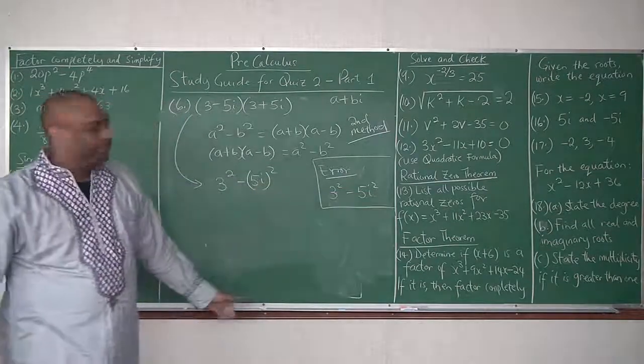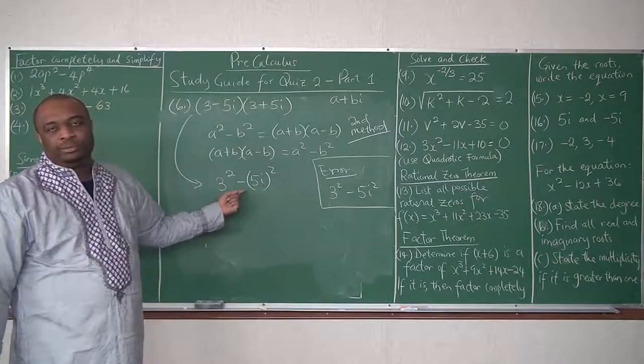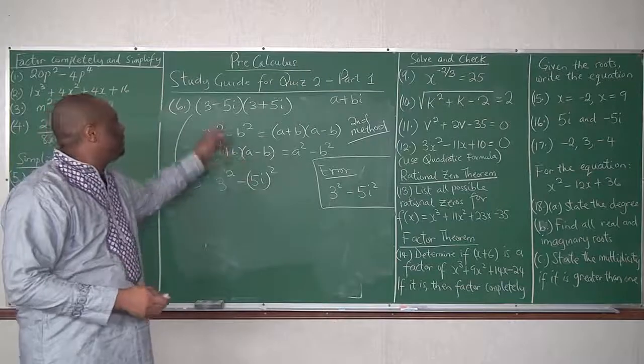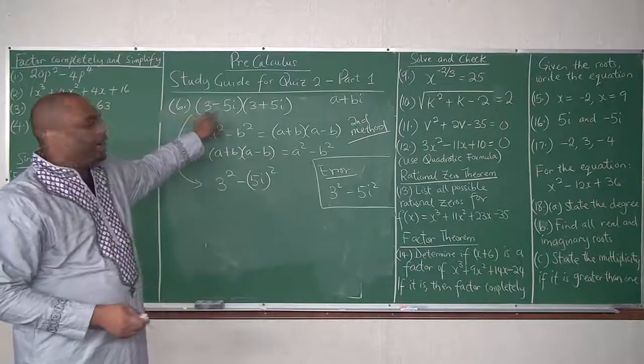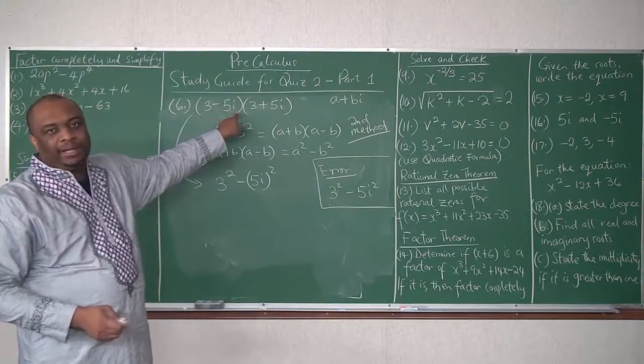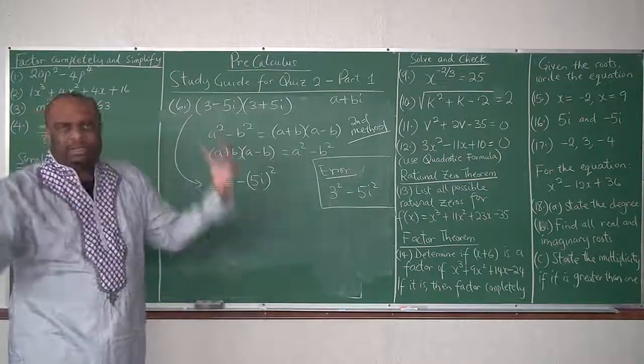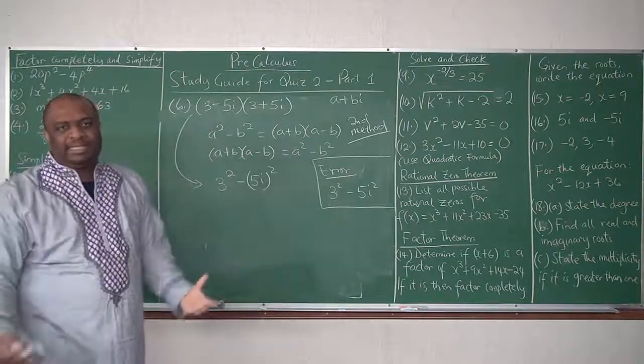That is wrong. You have to put the 5i all squared, because here a is 3 and b is 5i. So treat 5i as an entity.